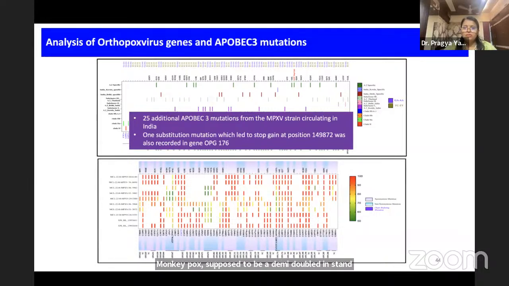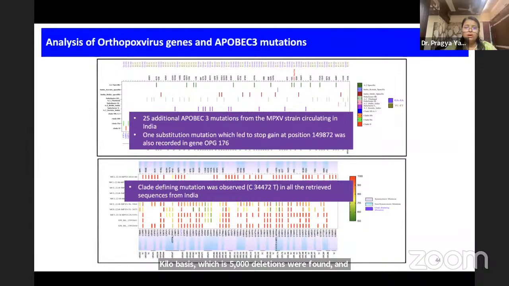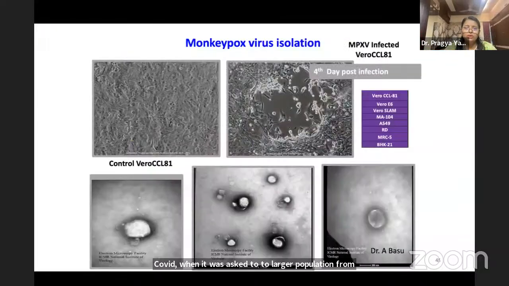But in these years, in some of the monkeypox strains, we found 5 kilobases, which is 5,000 nucleotide deletions, and some larger mutations. We can correlate this with COVID: when it passes to a larger population from one person to another, the mutations increase. Similarly in monkeypox the mutations are increasing, but at the same time immunity and other host response parameters also play an important role in the mutation of the virus.